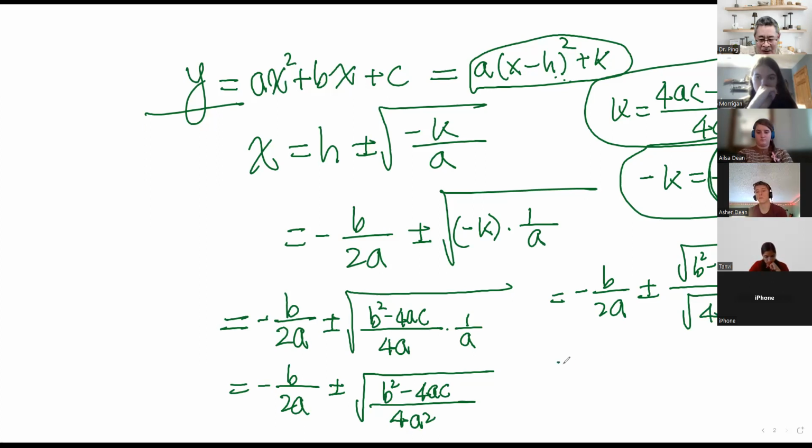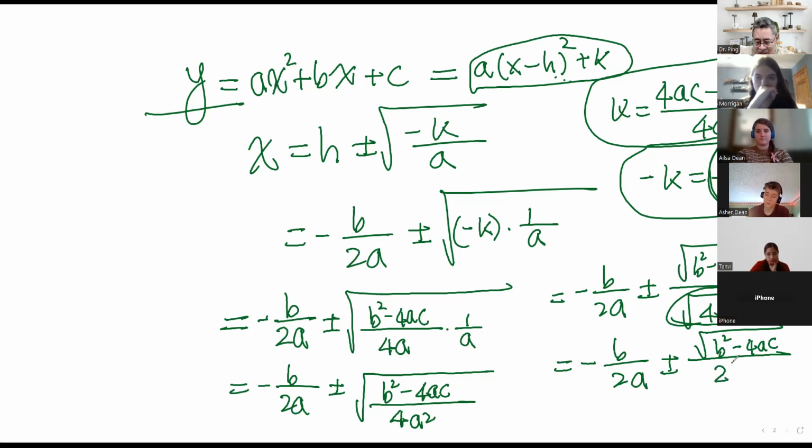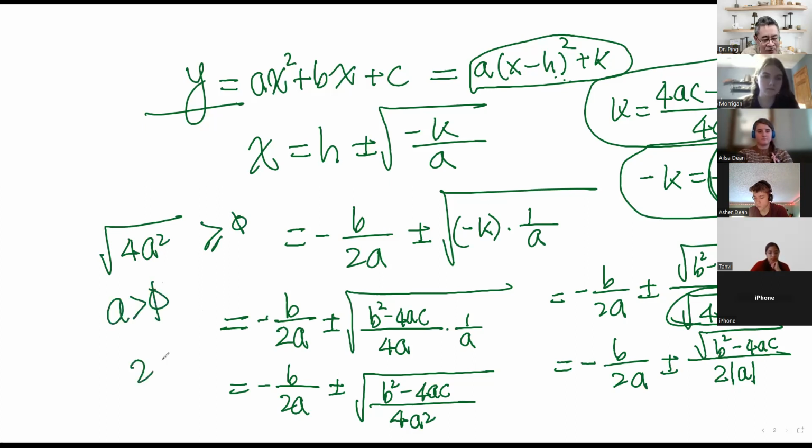Okay, and that's minus b over 2a plus minus, and then we can take the square root of that, which is b squared minus 4ac over 2, and we actually get the absolute value of a. Good, because a squared is always greater than or equal to 0. It doesn't matter what a is. So if a is positive, that's fine, we're just equal to 2a.